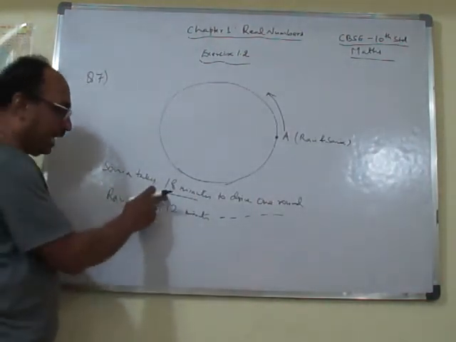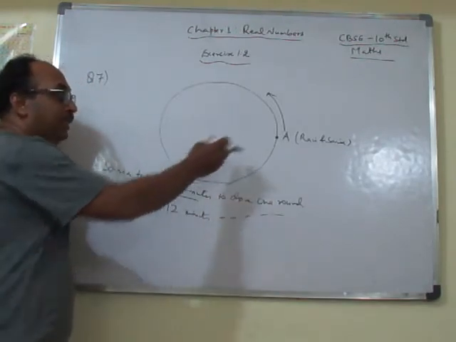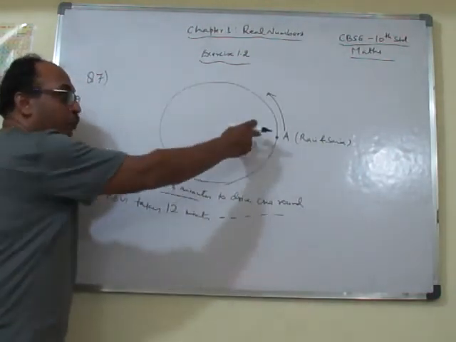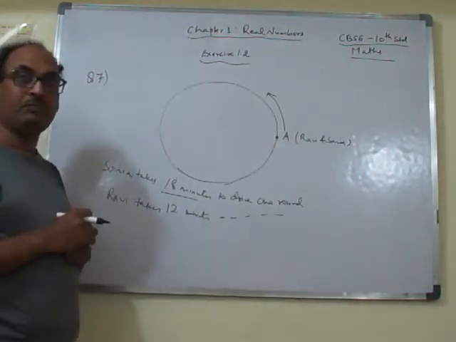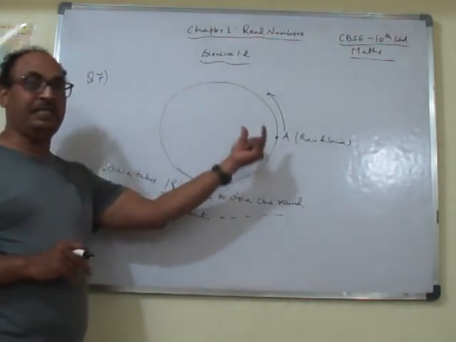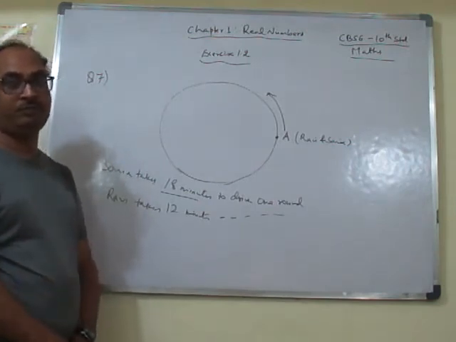Why? Because there is a gap between these two. Sonia is taking 18 minutes, means she will be taking more time. Ravi will be taking less time to reach point A in one round. But one time will come when both of them will meet each other at this point A. That point we need to find out.